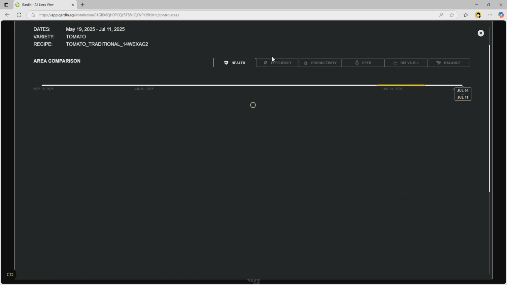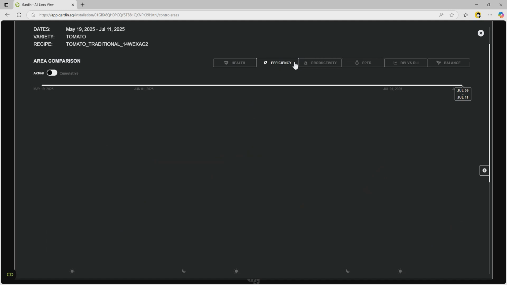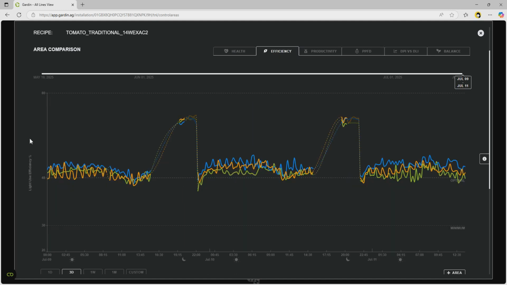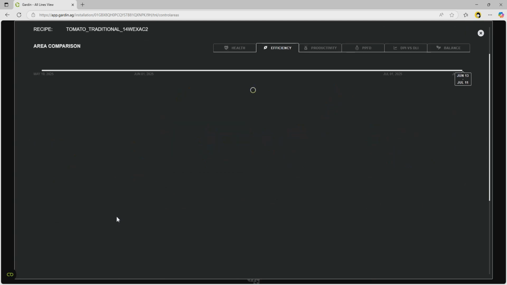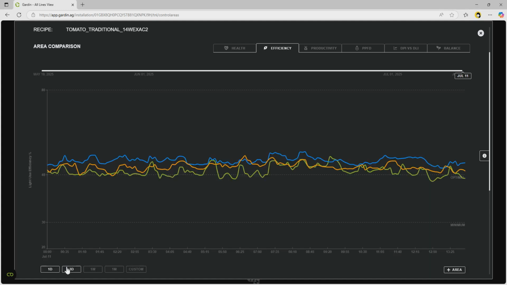I can flick through each metric to easily see how each aspect of the plant's growth is doing. It's easy to change the time frames of the graphs you're viewing. You can go as far back as several months or right up to the present moment.